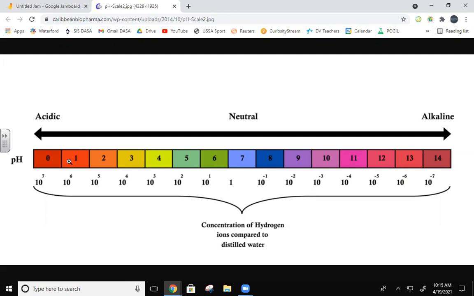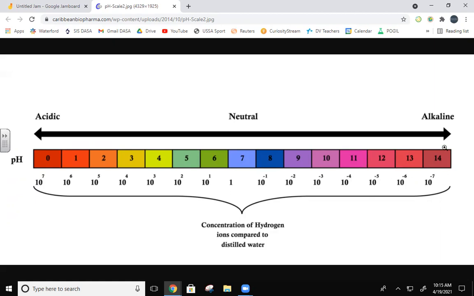Yes. But we're measuring the amount of free hydrogen ions in something in comparison to distilled water, which is perfectly neutral at 7, because there are equal amounts of hydrogen and hydroxide ions in distilled water.